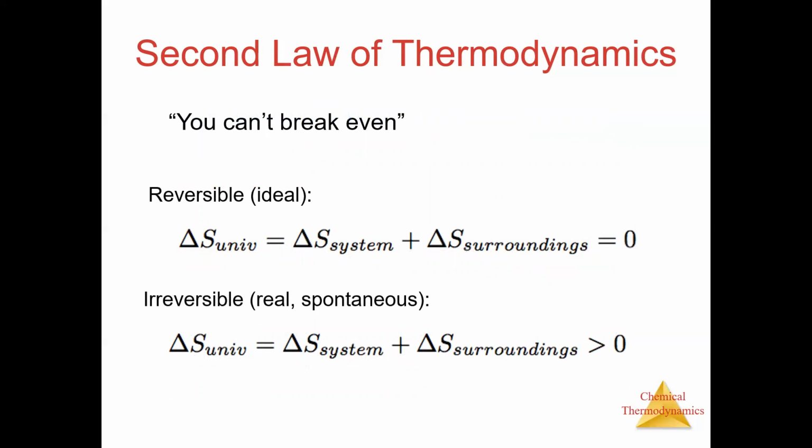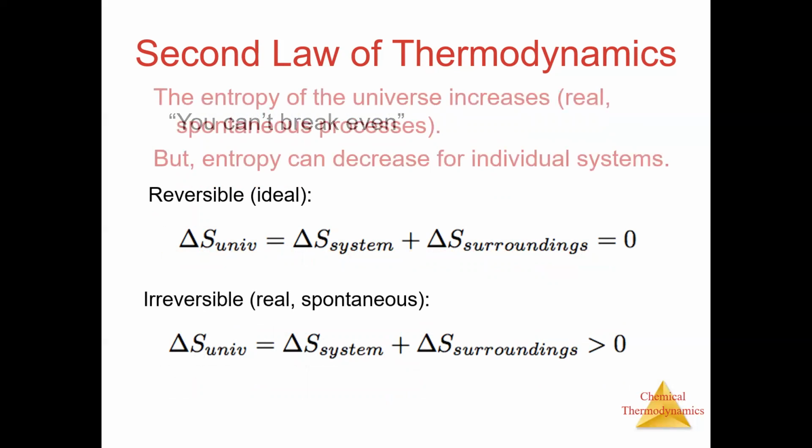You can't break even; for a reversible or ideal process the change is equal to 0, whereas for an irreversible process, the change in entropy of the universe should be positive. The entropy of the universe increases, but entropy can decrease for individual systems.